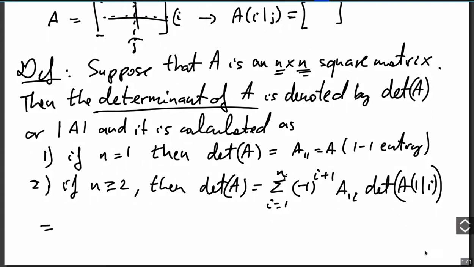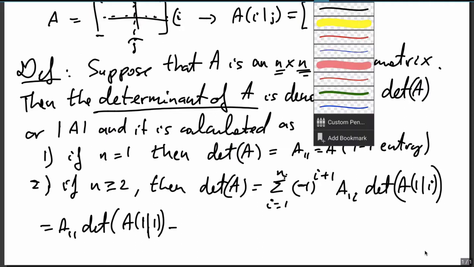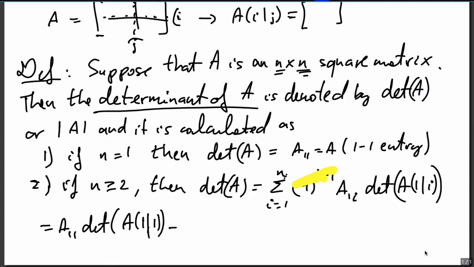So we can expand this sum, and what we get is that we have the entry a11 multiplying the determinant of the submatrix that we get if you remove the first row and the first column. Then the second term has a negative sign since we have alternating sign here. So minus, and the second term is when i is 2.